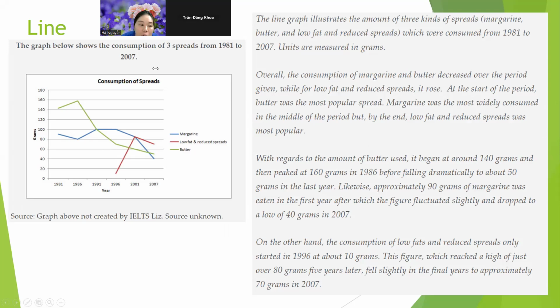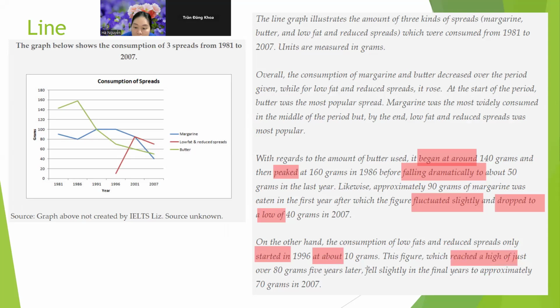Again, you need to use words to describe changes, okay? So maybe began at around, peaked at, falling dramatically to, was eaten. So once again, passive voice is still used in this task type. Fluctuated slightly, dropped to a low of, started in, at about, reached a high of, fell slightly.